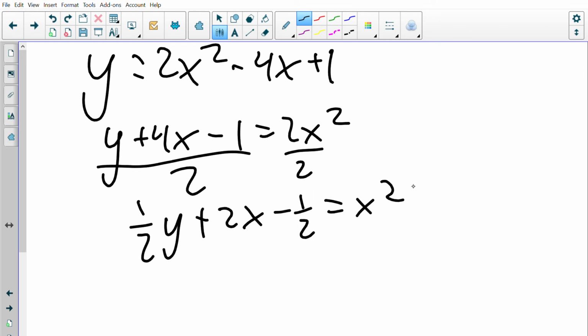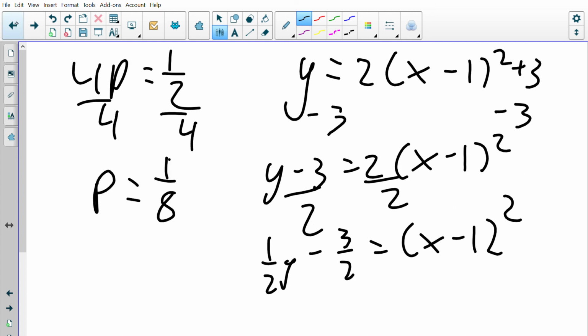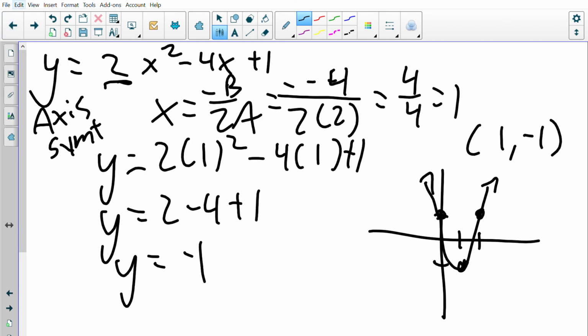So I have the x squared all by itself. Again, I just care about the variable different than the square, so y is opposite than x. And then 4p is equal to 1/2, divide by 4, divide by 4. For this example, it's 1/8 as well. So going to this one, I would go from my vertex, and I'd go 1/8 of an inch up, 1/8 of an inch down. So this is my focus, and this is my directrix.